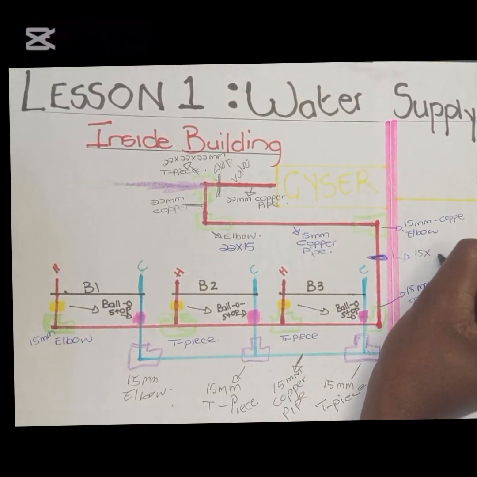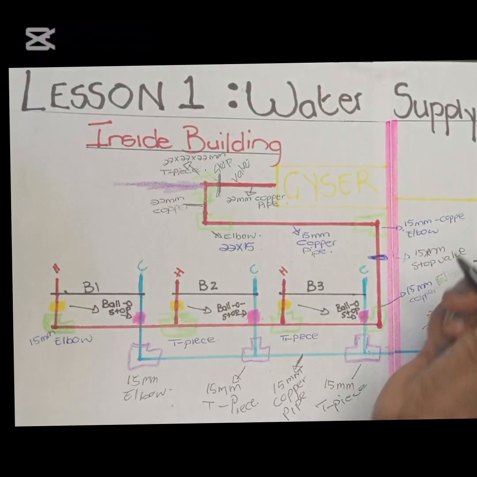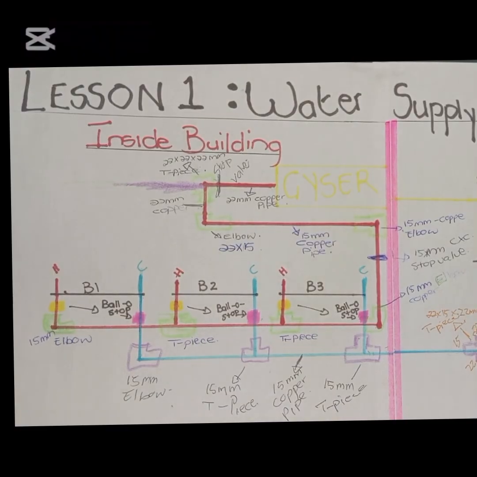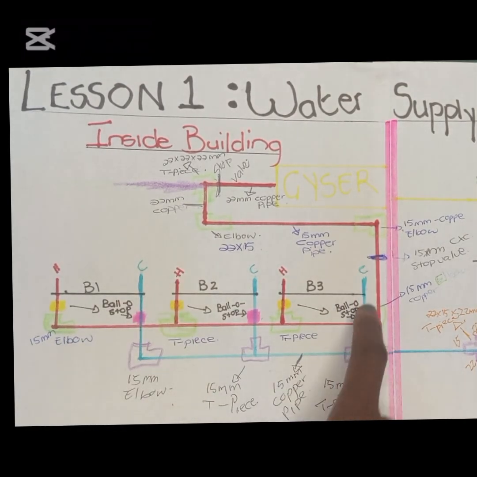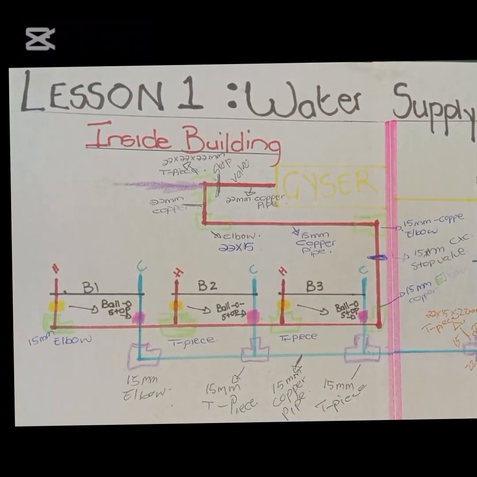Okay, just going to write there: 15 by 15 millimeter stop valve. Copper by copper, or compression by compression, depending on which stop valve we're choosing to buy.